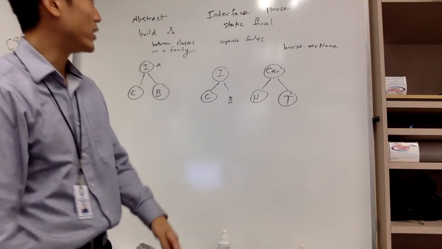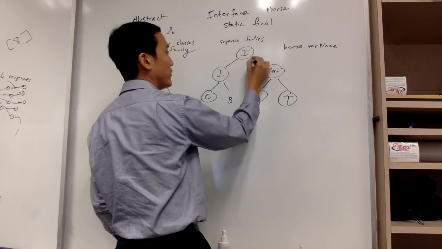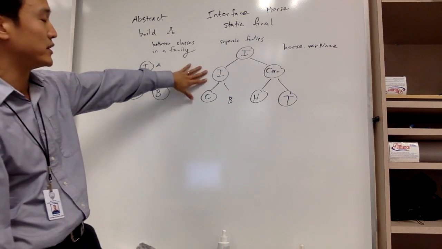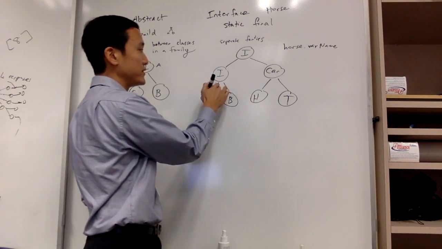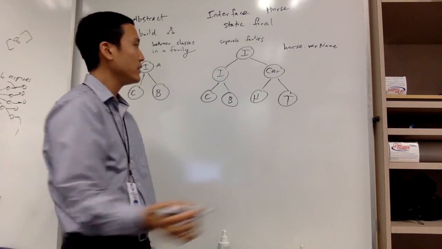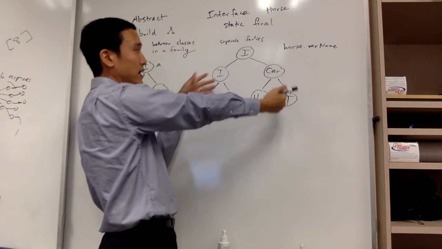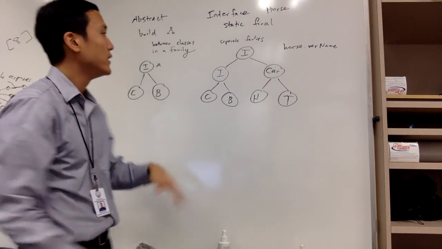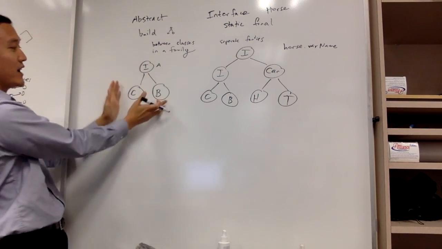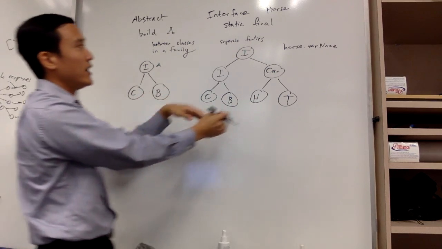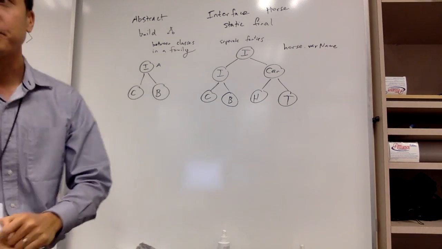Well, what about if we wanted to build a connection between the two? Then we could build an interface that would connect the two. Like perhaps we're building a simulation on insects and their wanderings around the city, and in the cars we're doing the same thing. Then we could build an interface and connect those two pieces of data, and then provide an analysis. So the abstract class would be creating a family tree, and the interface would be connecting those two separate family trees. All right, what else?